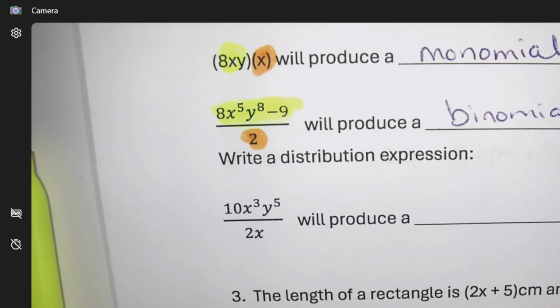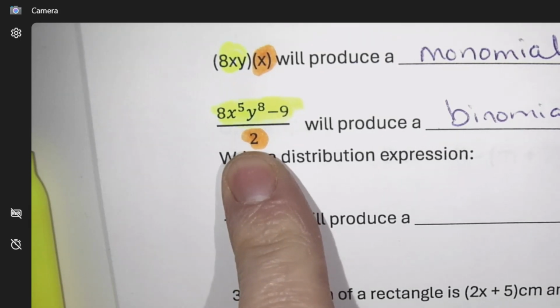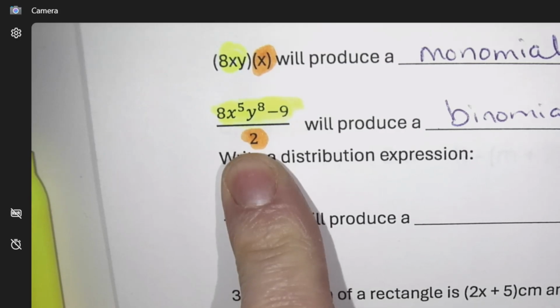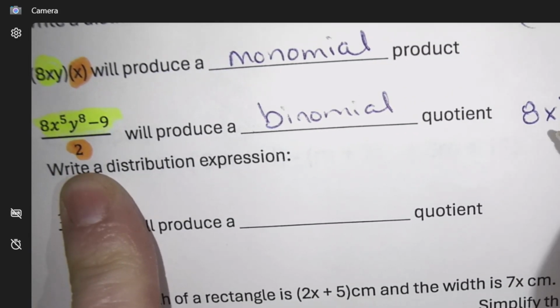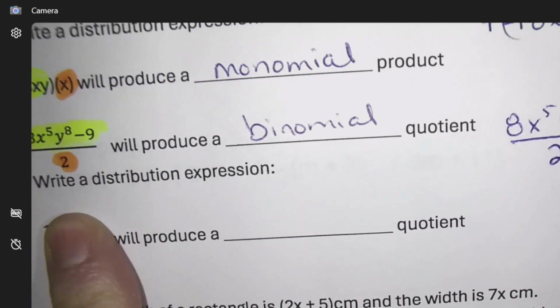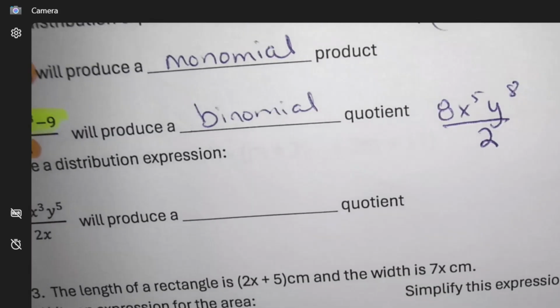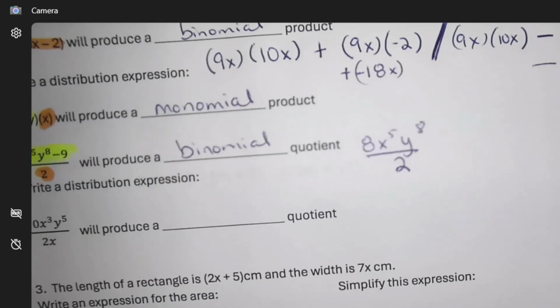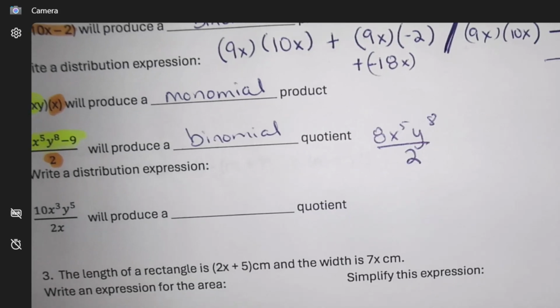Okay, so writing a distribution. So how do I distribute the division? I have to take turns. So what's the first turn? 8x5, y8. That's the first term divided by 2. Now, what do you want to do here?